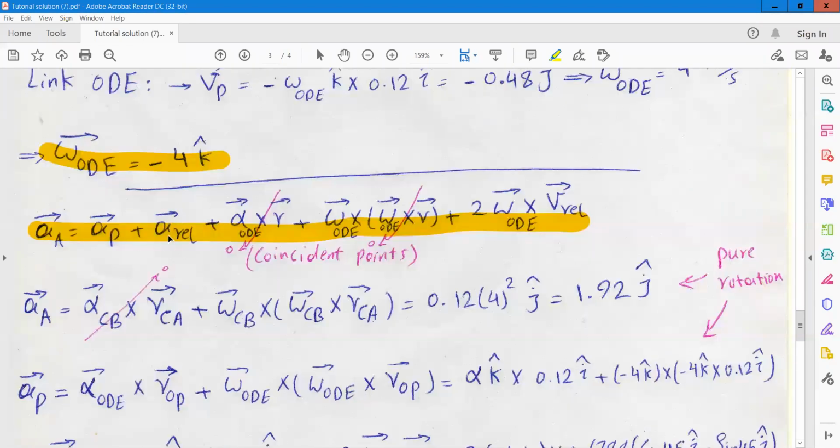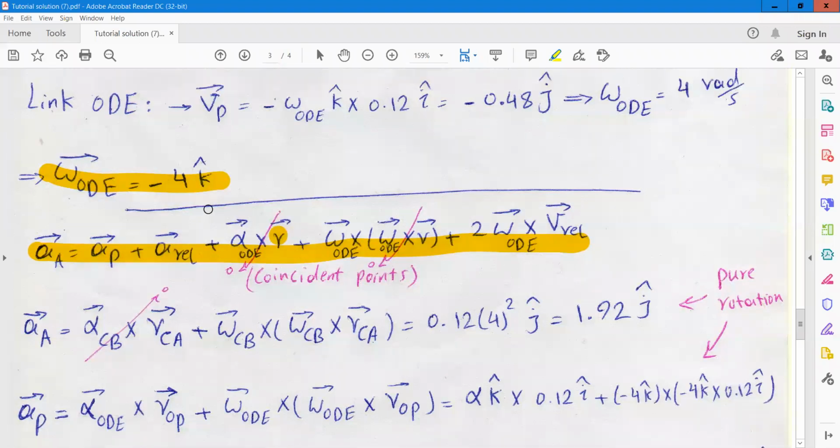So we have the direction for the relative acceleration. The alpha cross R term is equal to 0 because the radius is 0, since P is coincident with point A. And for the omega cross omega cross R term, again R is equal to 0, so this term is 0.